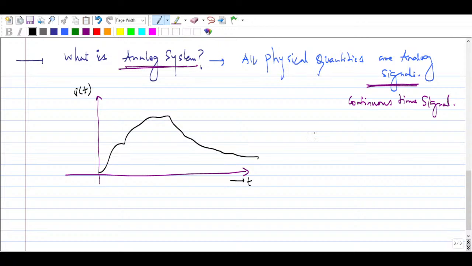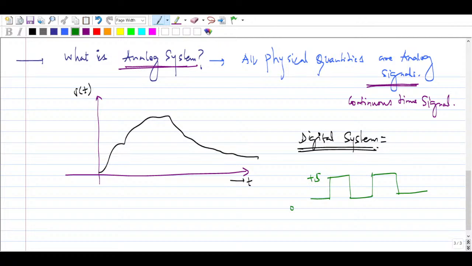In the digital world, it's just the basics. Any book you can refer to, you will find these waveforms where 0 and 1 are shown. You will say this is high, that is plus 5 volt or 0 volt.